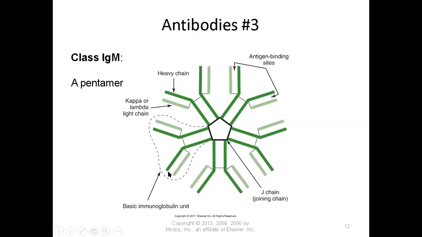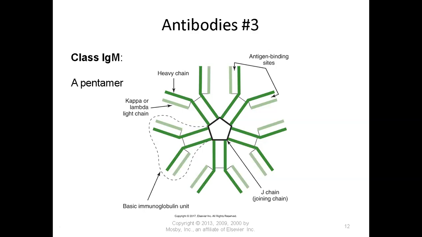IgG, we already said, would be represented by this picture here with the dashes, and it has 2 binding sites. When we look at IgM, we could see that it has 1, 2, 3, 4, 5. It has 5 basic immunoglobulin units that come together to make the IgM molecule.